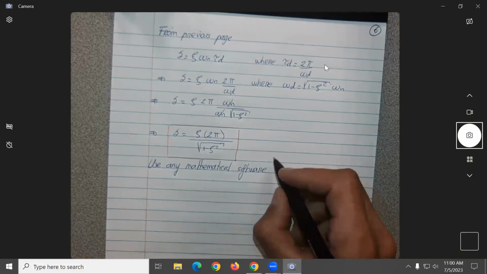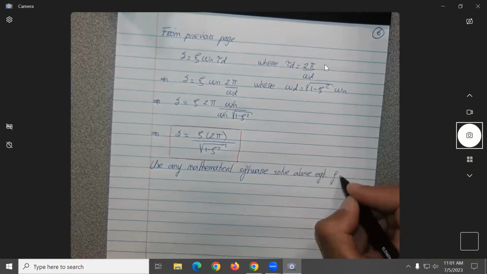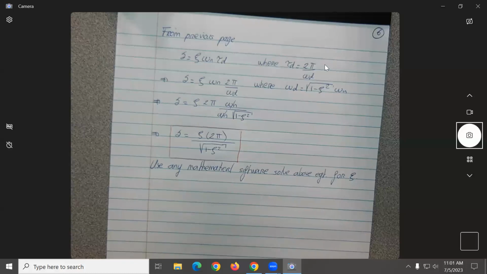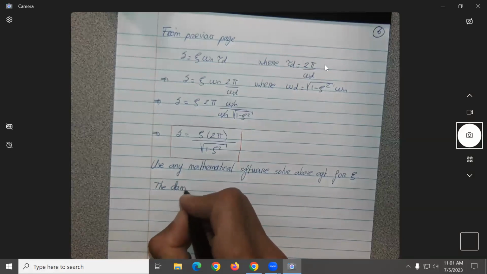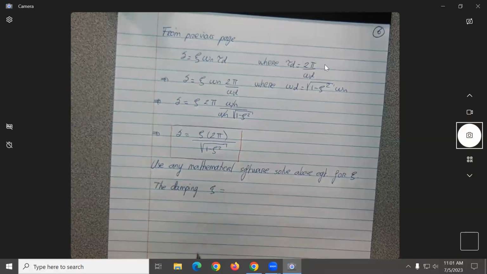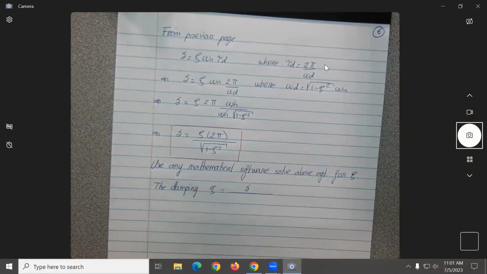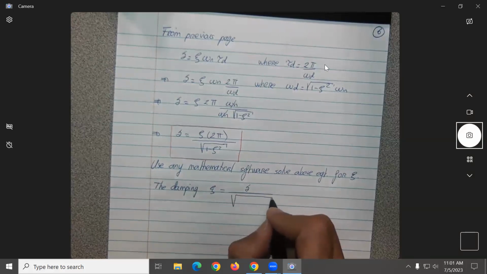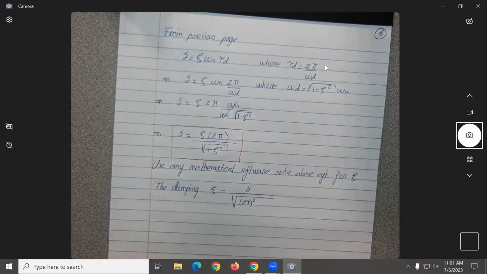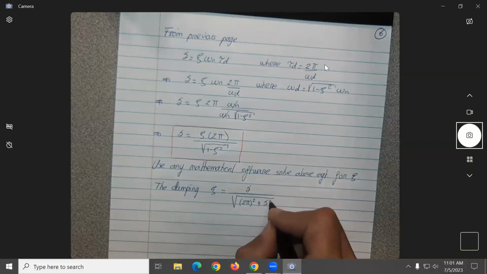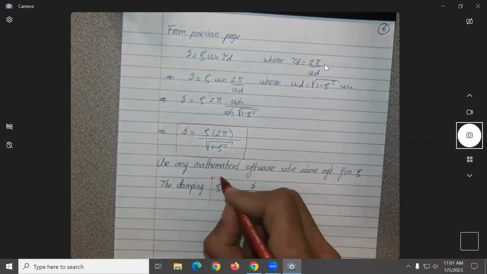Using any mathematical software, solve the above equation for the damping xi, and this will give you xi equal to the decrement that you calculated divided by the square root of two pi squared plus the decrement you calculated squared.